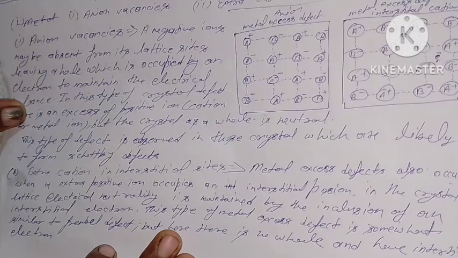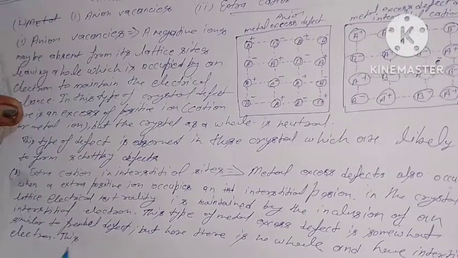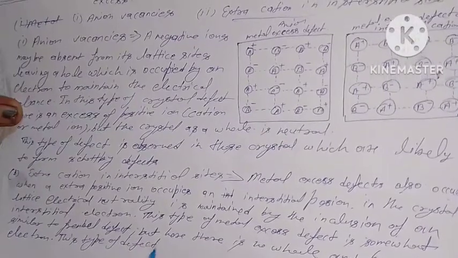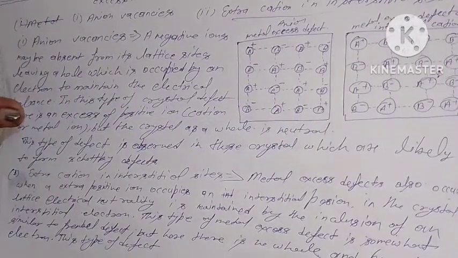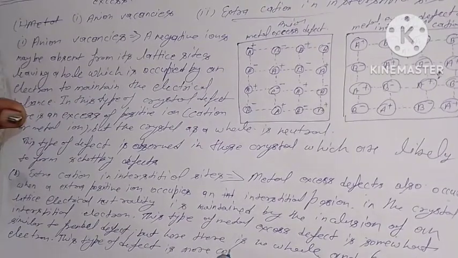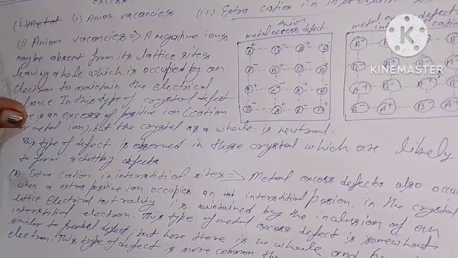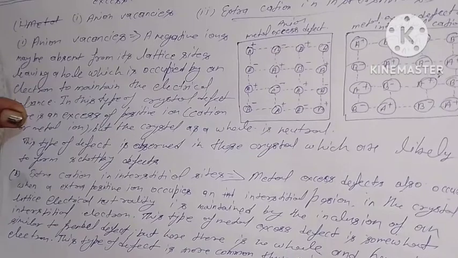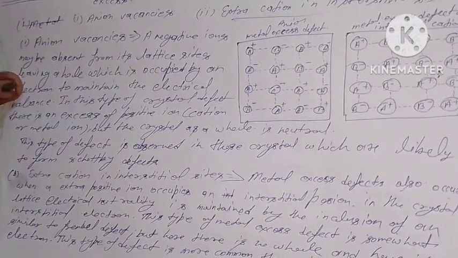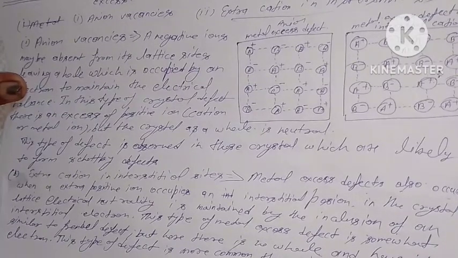This type of defect is more common than anion vacancies. It is found in crystals which show Frenkel defect.